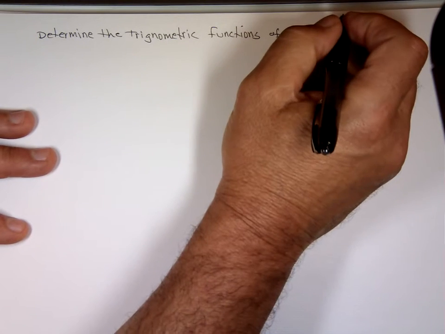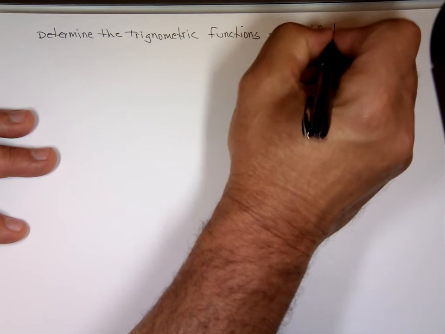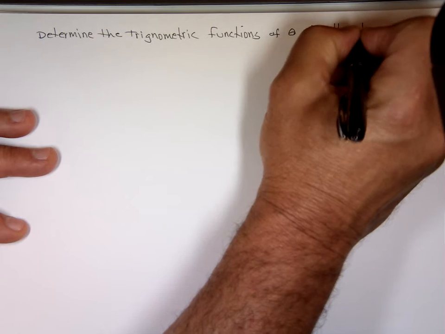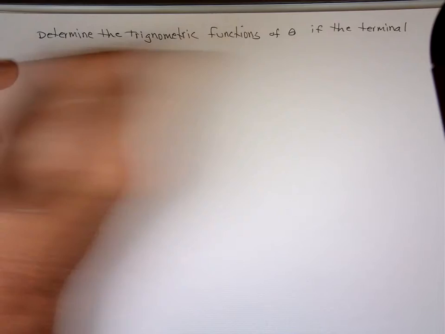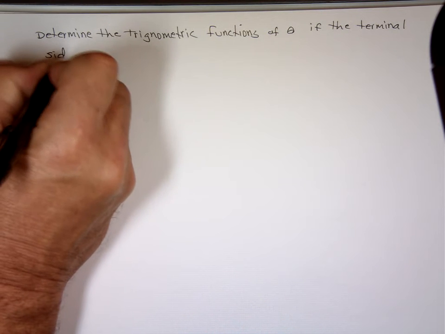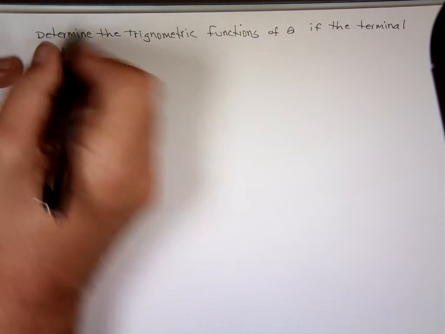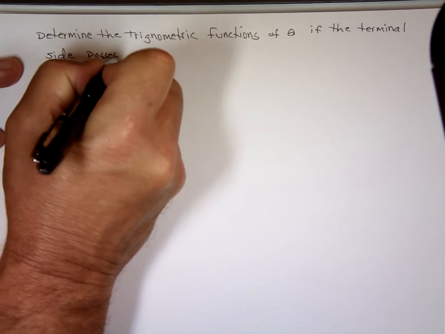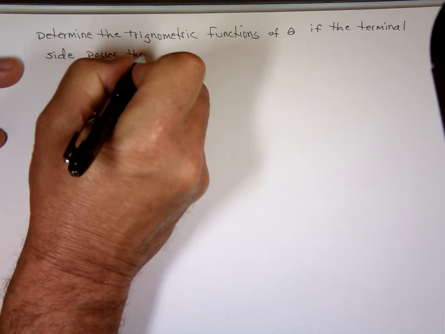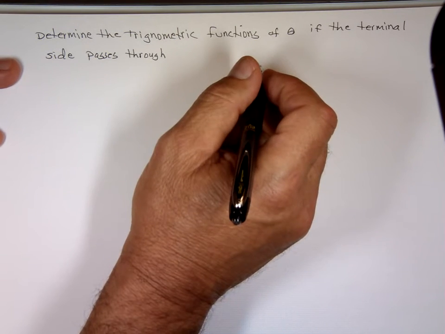Of theta if the terminal side passes through the point, I don't know, -1 comma the square root of 3.